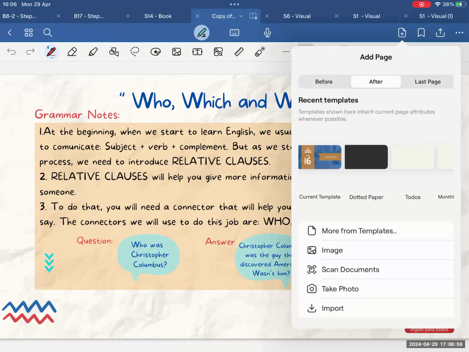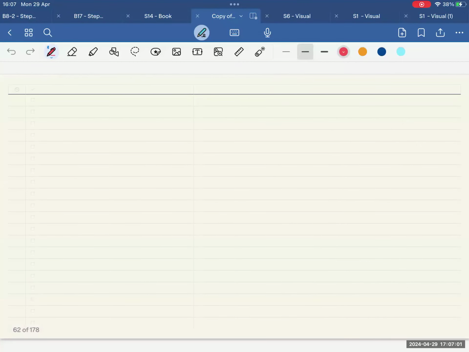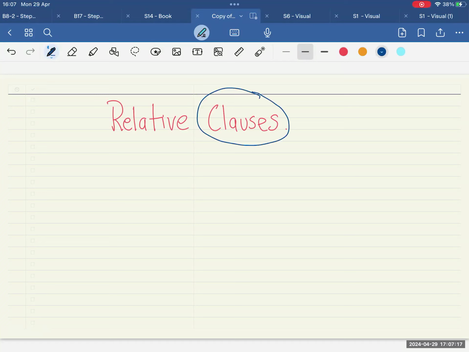The class today, guys, is going to be relative clauses, right? Relative clauses. Clauses here is equal to ideas, so in reality it is relative ideas, okay?